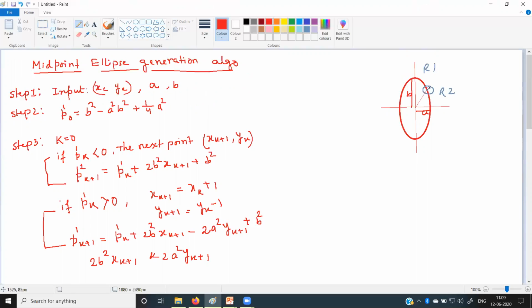Let us give it a name, consider the point is Q. On this point Q, if we draw a tangent, then this is the value of the tangent, dy by dx. We have to stop the generation of the points if dy by dx is equal to 1.